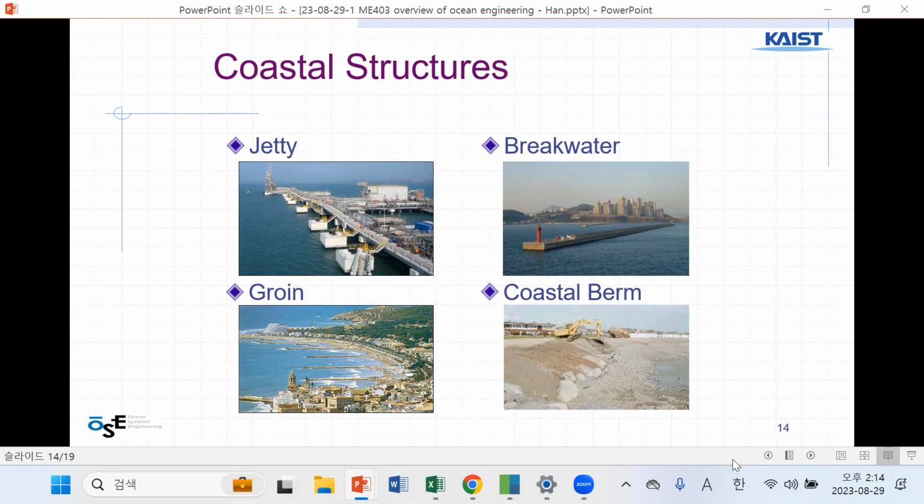400 meters. How many floors is that for a building? How many floors is this building? 6 floors? 5 floors? How tall is this building? 20, 30 meters. When a 300 meter long ship is standing on land, it can be 50 floors high, right?